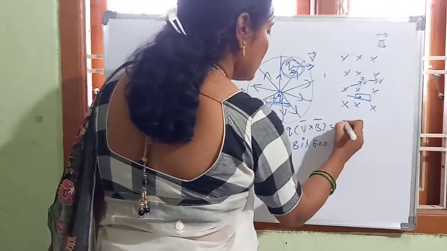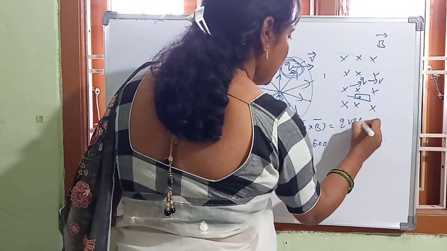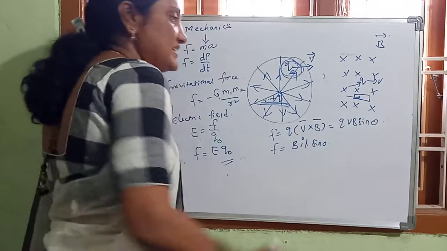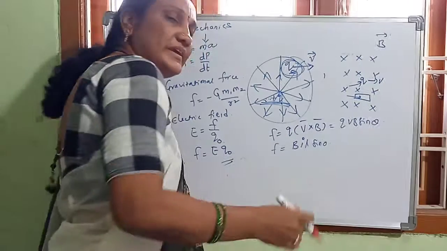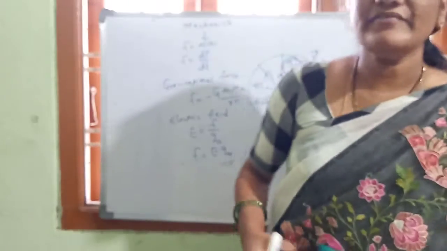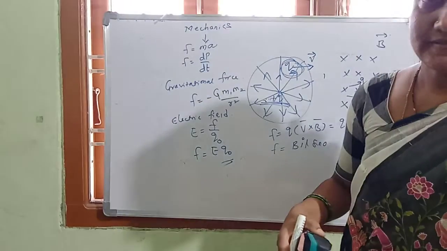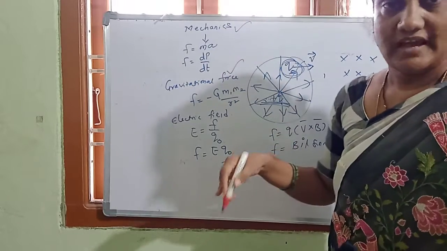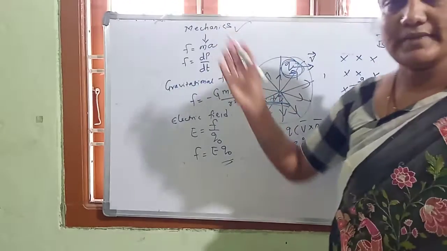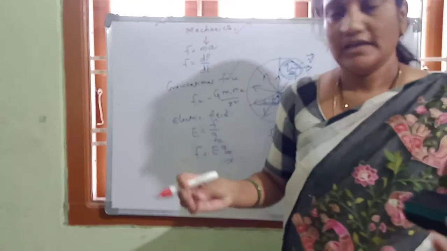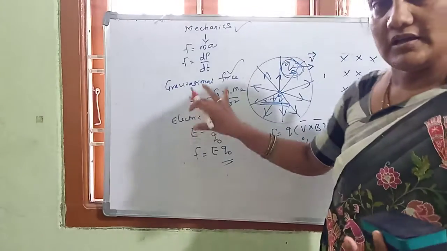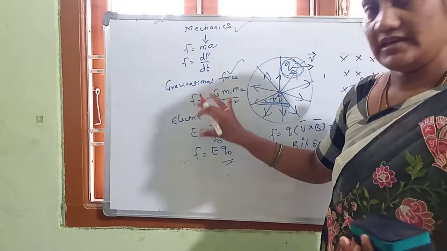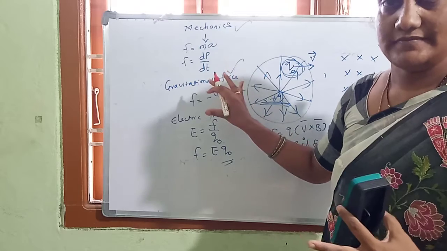This can also be written as QVB sin theta. So in such a way, we have a number of formulas in each and every topic, either electric field or magnetic field or mechanics or whatever it may be. These are only some of the force formulas which I explained here.